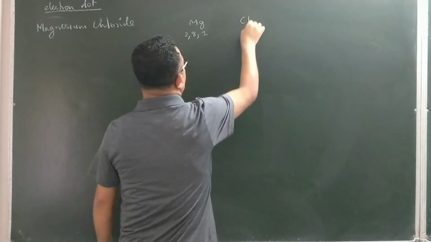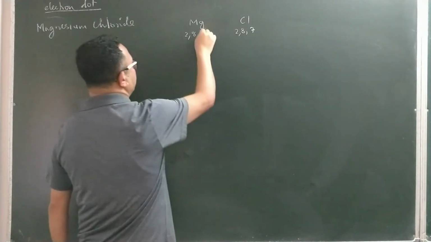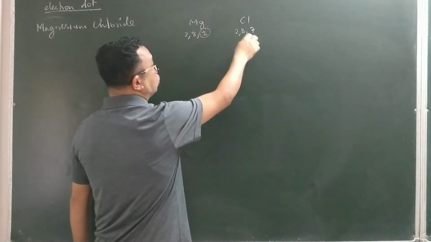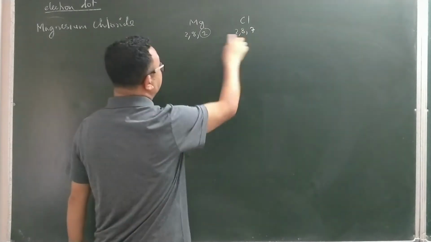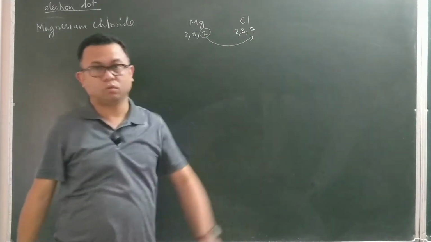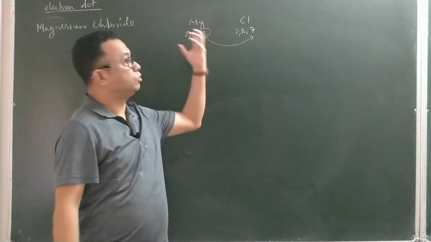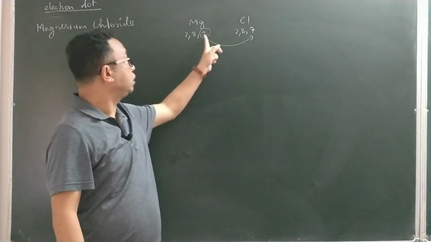And chlorine has outermost shell 7. Now, magnesium has 2 electrons on the outermost shell, and chlorine has only 7. In fact, it requires only 1, but magnesium has to give 2 electrons. And chlorine cannot take 2 electrons, it can take only 1 electron. So a partnership like this cannot be formed because both must be stable. So 2 electrons must be given somewhere.